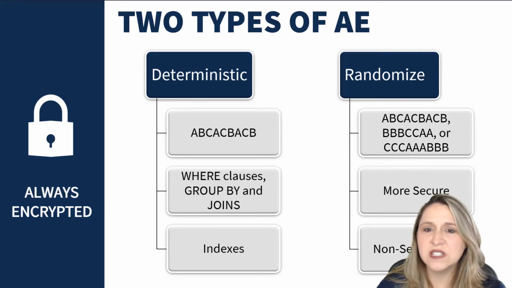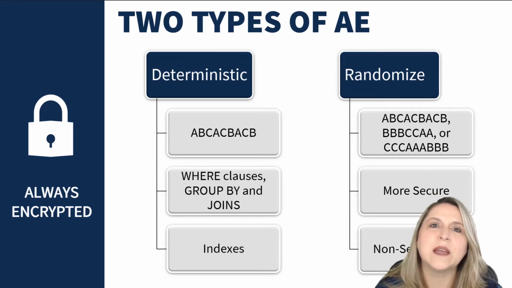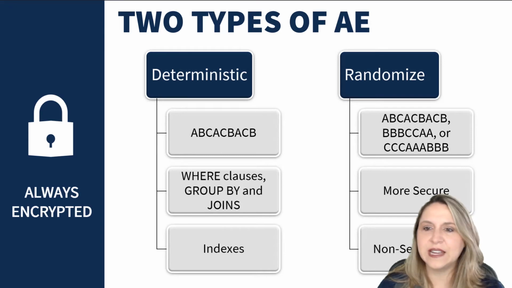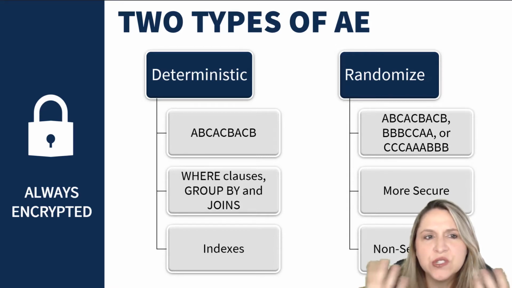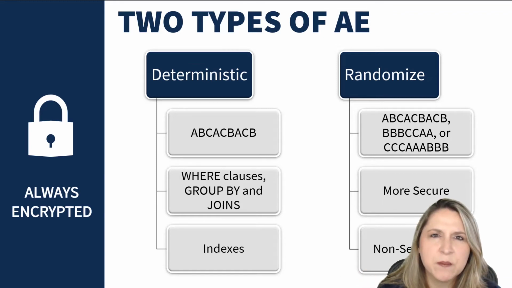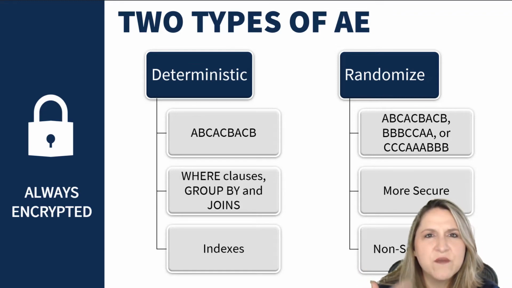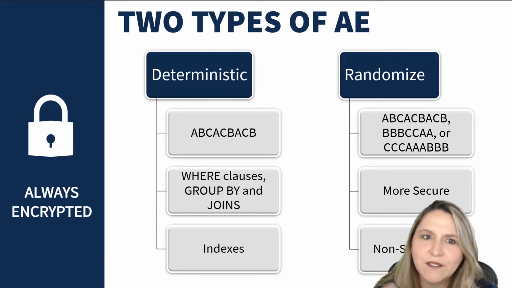It's great for securing things that have fewer values, like birthdays or social security numbers, things that have a smaller amount of data. If it's got a smaller data set, randomized is probably a good thing. When it has a larger data set, deterministic is probably the best because there are lots of different values out there. Pattern matching would be less obvious.